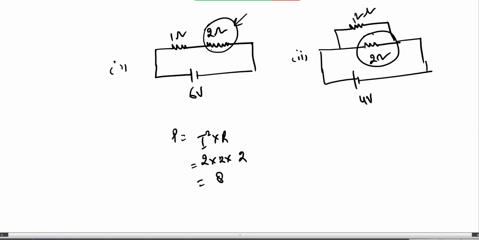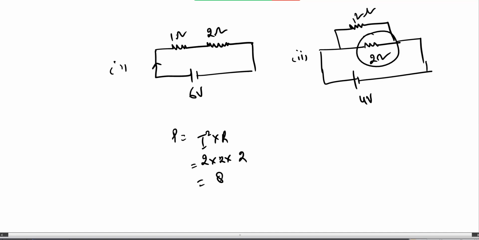It is asking only about this 2 ohm resistor, not the whole. Okay. And how did you get I, the total current? Because in series, the total current is considered to be the current of the individual resistors also.